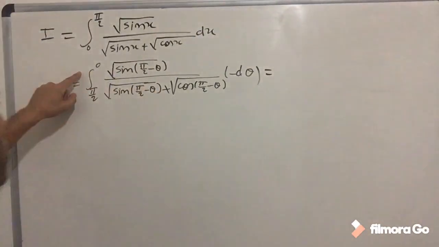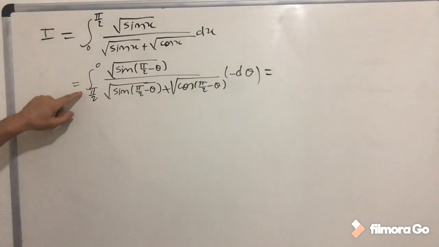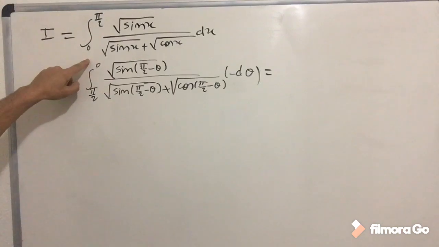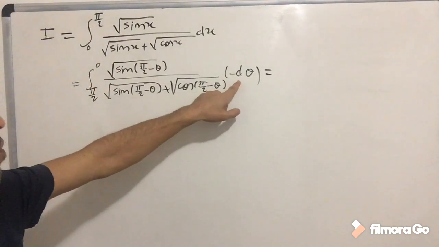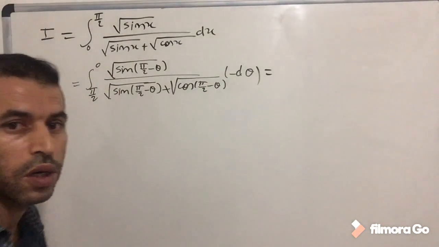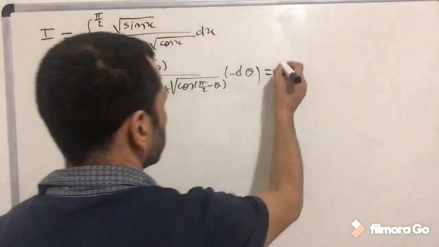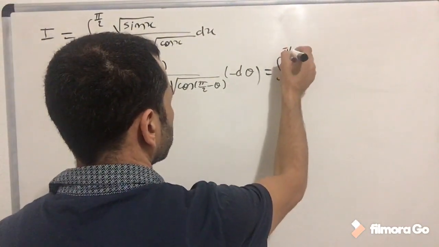Let's change the sign of the bounds, so they become 0 to pi over 2. The negative sign with the swapped bounds gives a positive sign, from 0 to pi over 2.